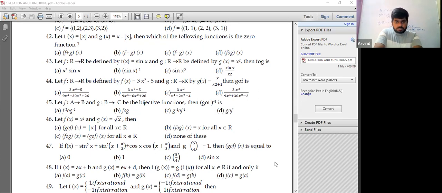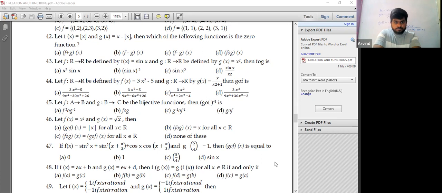45th, as I told, g circle f whole inverse is f inverse circle g inverse. It's a formula. Okay. Next one. Let f of x be x square and g of x be root x. Then g circle f of x is mod x, f circle g of x is x, f circle g of x is equal to g circle f of x, none of these.